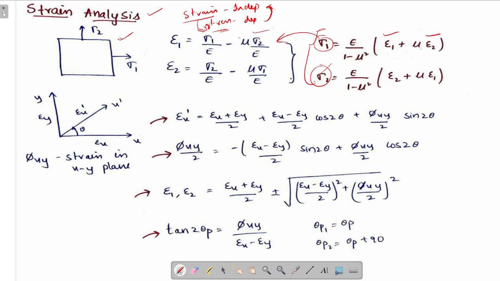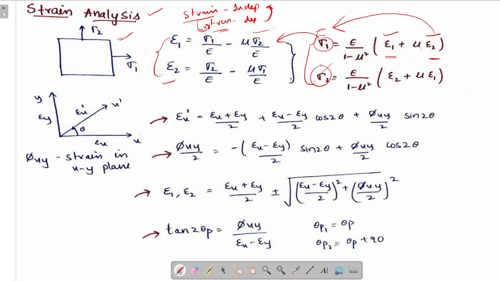I have discussed this in the third video of the quick revision series. And epsilon 2 will be this. By solving these two equations, we will be getting sigma 1 and sigma 2. In general, practically we will be finding the strain values epsilon 1 and epsilon 2, and by substituting these two, we will be getting stresses. Okay.